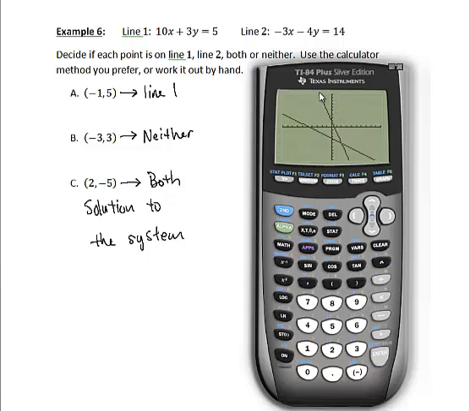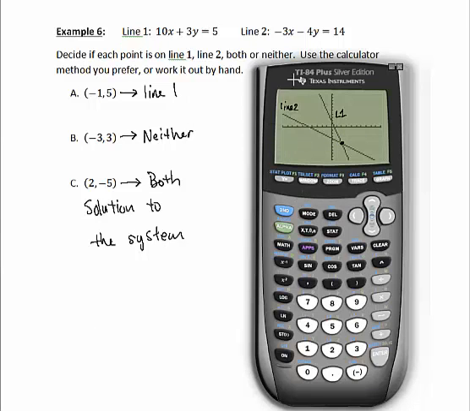So this first one that it graphed, the steep slope, is line 1, and this other one is line 2. And you can definitely see that they intersect right there.